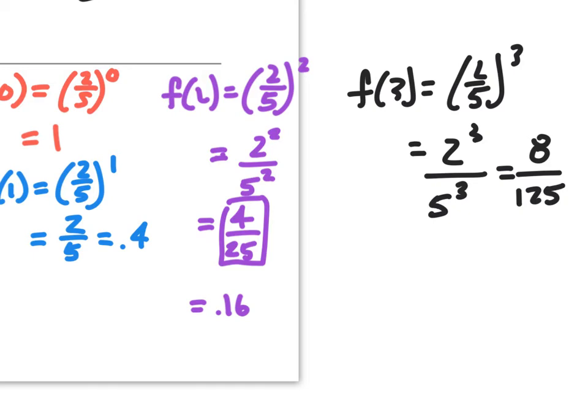Okay, so notice the difference between this number and this number. A base of 2, 2 squared versus 2 cubed, you go from 4 to 8. Okay, not that much of a change. But when you go from 25 to 125, you can see that the denominator is getting much bigger. Okay, when the denominator gets bigger, your number gets smaller.